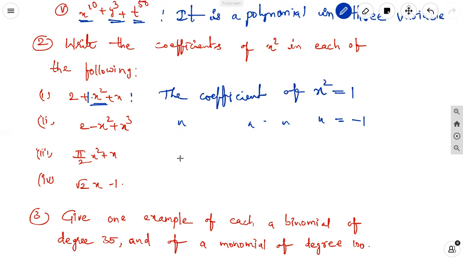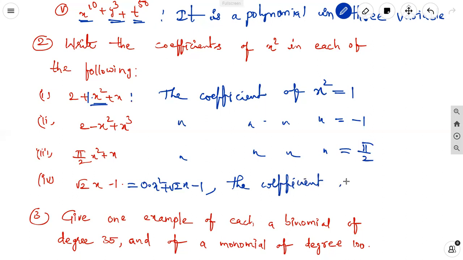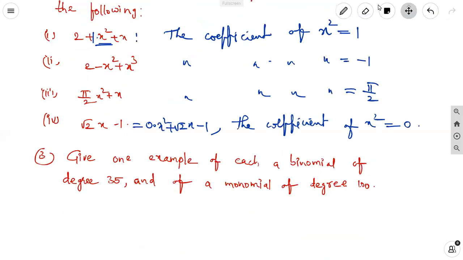In the third, the x square coefficient is the constant 5 by 2. In the fourth, no x square term is there, so we can write it as 0 into x square plus root 2x minus 1. So the coefficient of x square is 0. If the term is absent, that coefficient is 0.